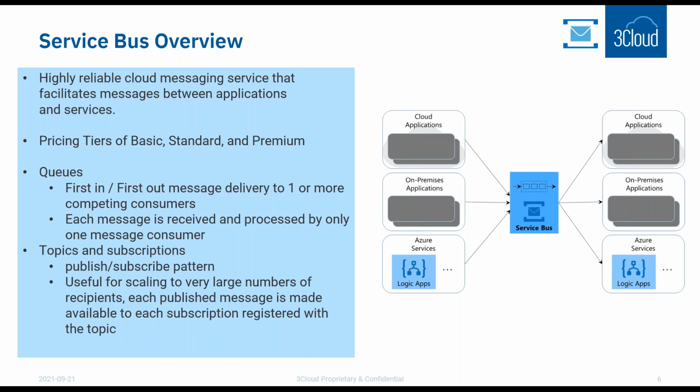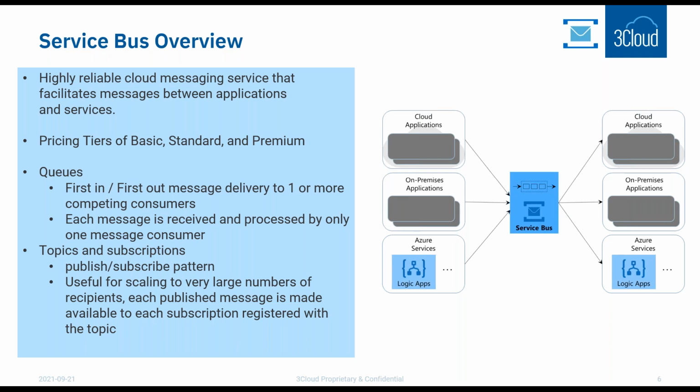So the various pricing tiers, when you're choosing this, are the things you want to think about. With the basic pricing tier, it's more of a pay-as-you-go type of thing, paying per number of messages, and it's really cost effective to get going on basic, but there are a lot of limitations.